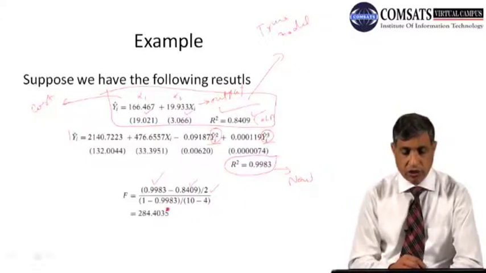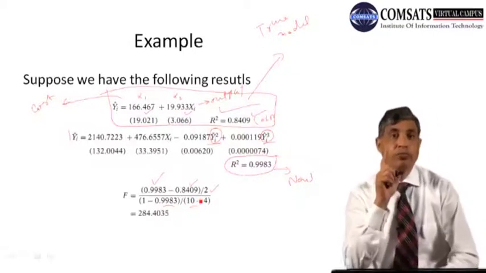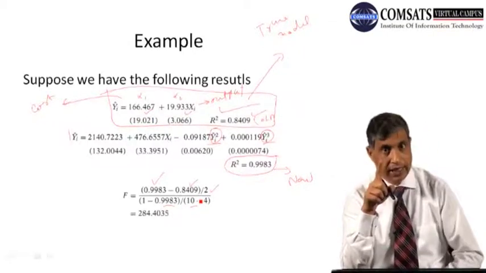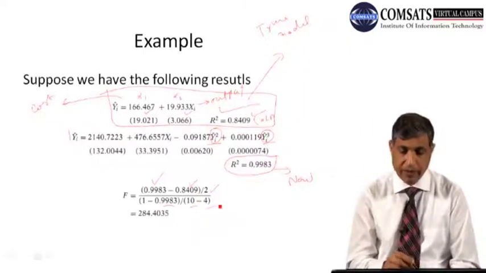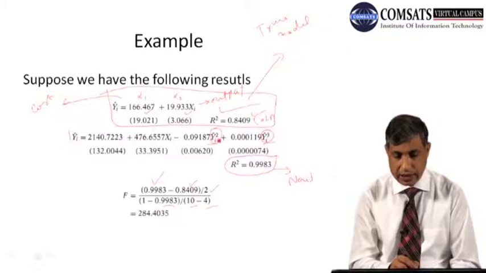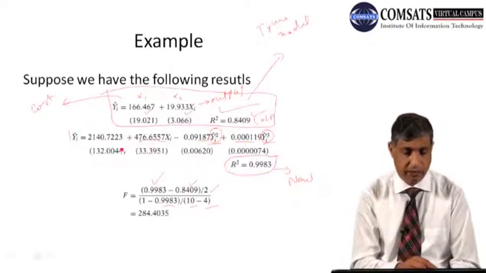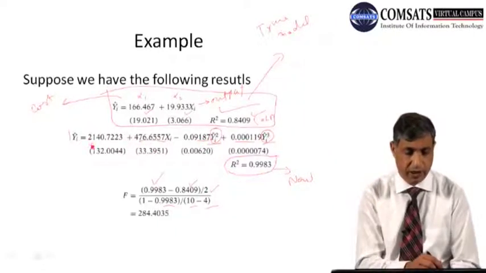And what is this? 1 minus new R square. This is very simple. And I assume that the number of observations is 10, that is n is equal to 10. And the total number of parameters, look at the model, is 1 parameter, 2 parameters, 3 parameters, and 4 parameters.